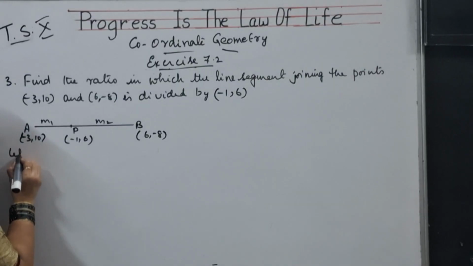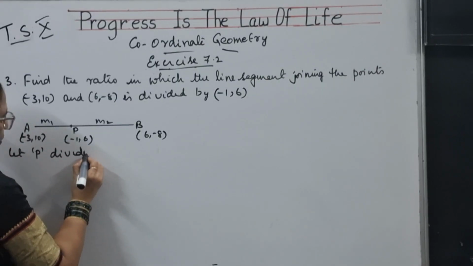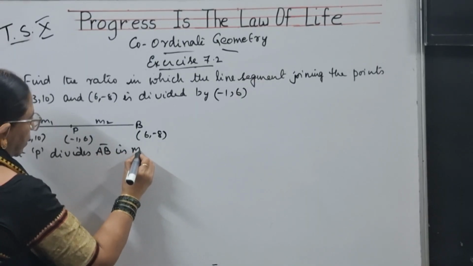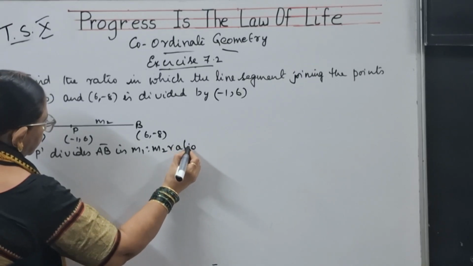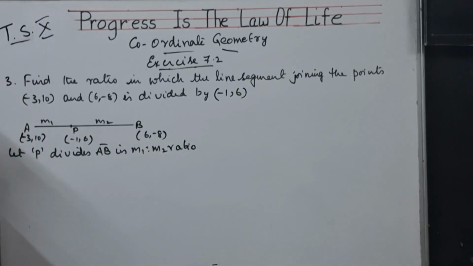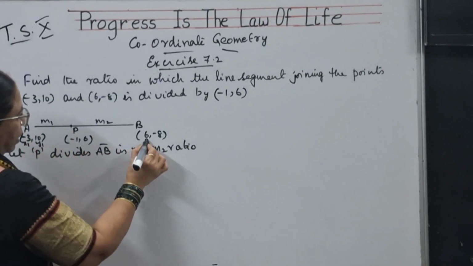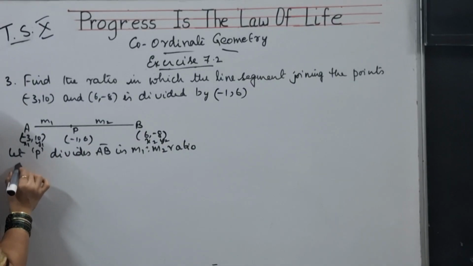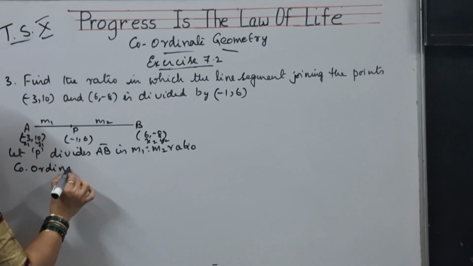So let P divide AB line segment in M1 is to M2 ratio. We are going to find out what is M1 and what is M2. So let us consider this is X1, Y1 and X2, Y2. First let us write what are the values that are given.